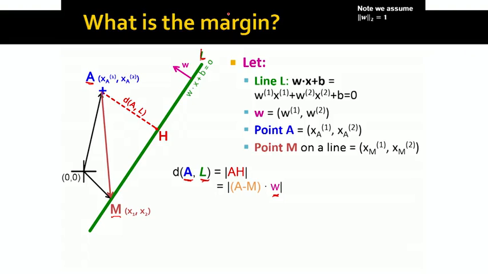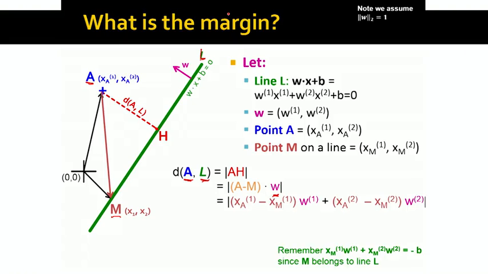This is all okay and exactly as we want. Now we can expand the difference of vectors A and M. If we do this, we get x sub A1 minus x sub M1 times w1 plus x sub A2 minus x sub M2 times w2.